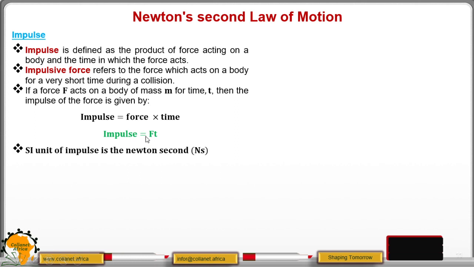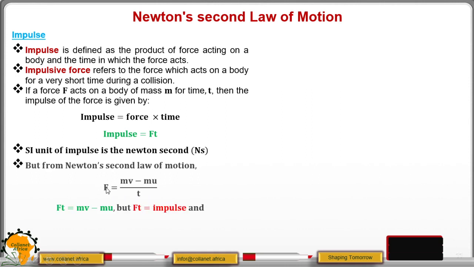From here, we can get the SI unit of impulse. Because we are multiplying force, which is in Newtons, and time, which is in seconds, the SI unit of impulse is Newton second. But we know that from Newton's second law of motion, F is equal to the rate of change in momentum. That is, F is equal to (mv minus mu) divided by t.